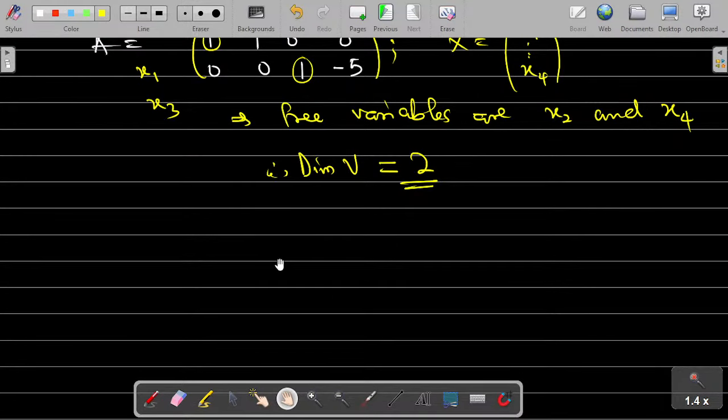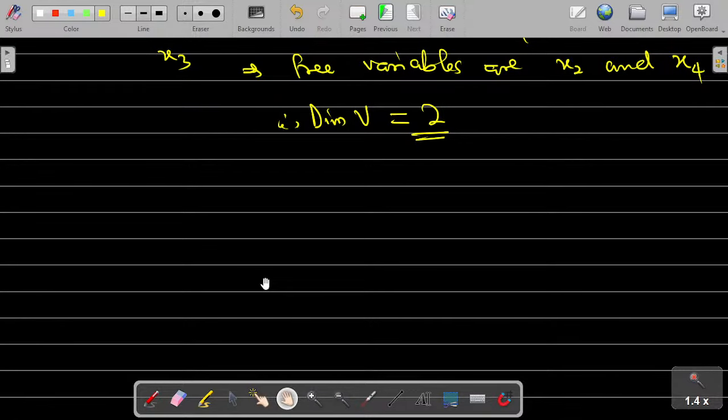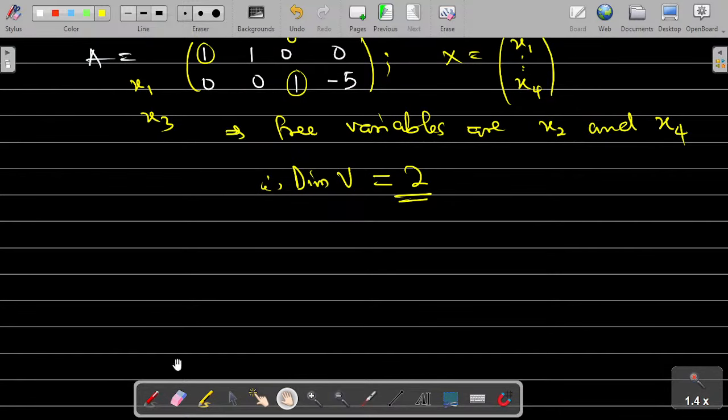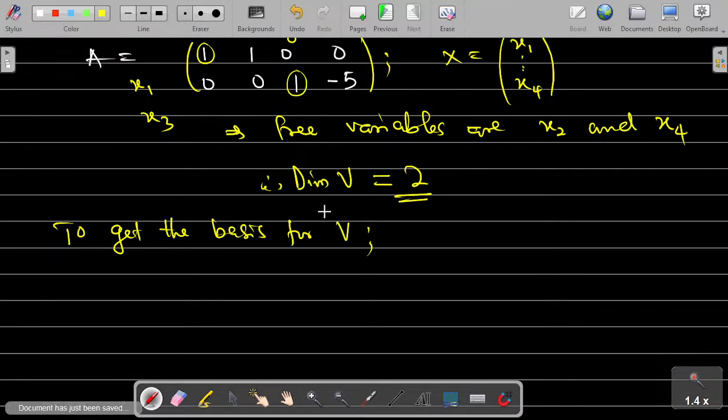Okay, so let's go. Now to get the basis for V, all we need to do is to also get the solution set for this. And how do you get the solution set? We can say to get the basis for null space V, we start from that row 2, which is x3 minus 5x4 is equal to 0.